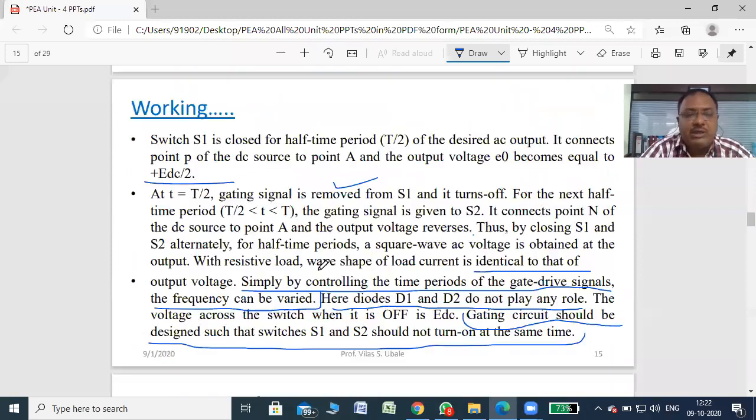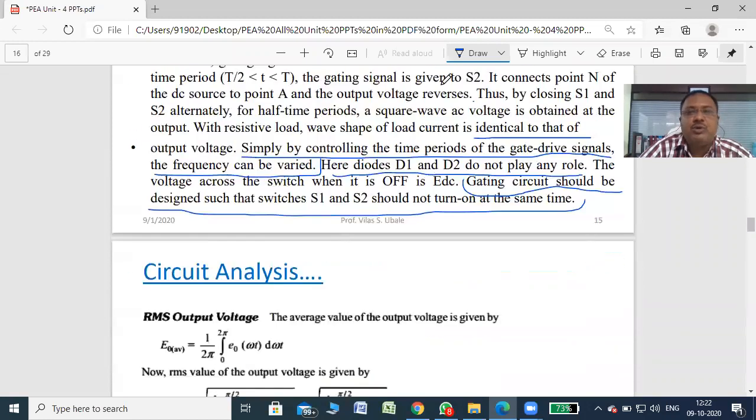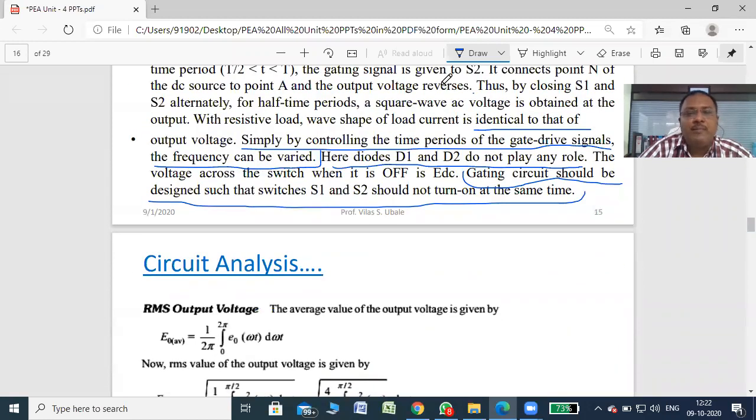So the gate drive circuit should be designed properly so that the on time of S1 is exactly the same as the on time of S2. At the same time, S1 and S2 should not be turned on at the same time. So these are the two important things that we should keep in mind.